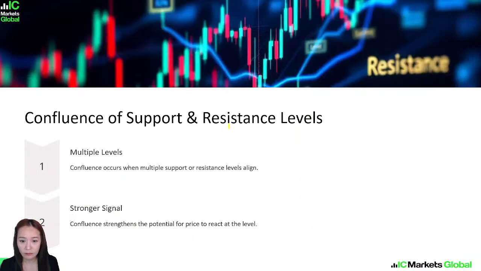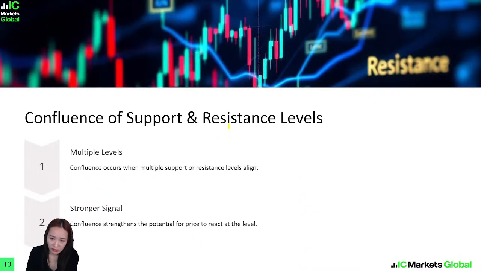Now, confluence, which I already explained. I already explained how to find the confluence of support and resistance level. You need to find a confluence with multiple support and resistance levels, or confluence with Fibonacci, or the trend line. Just find the multiple confluence, that will give you a very strong level and a strong signal as well.